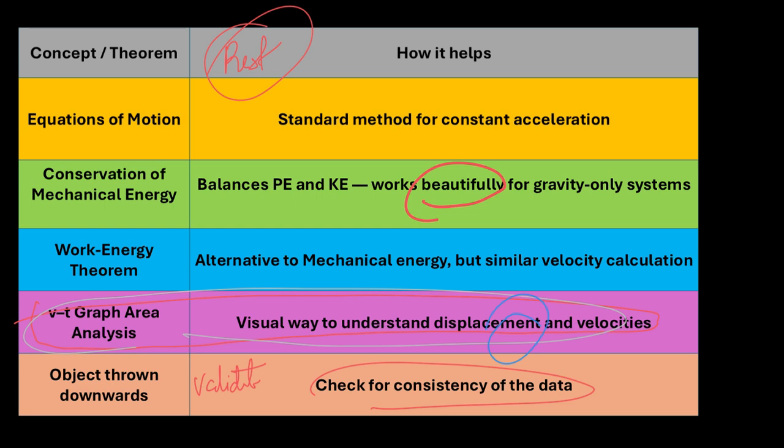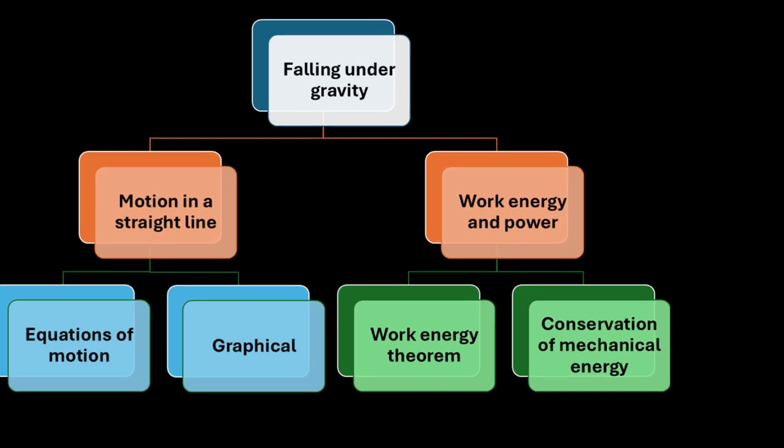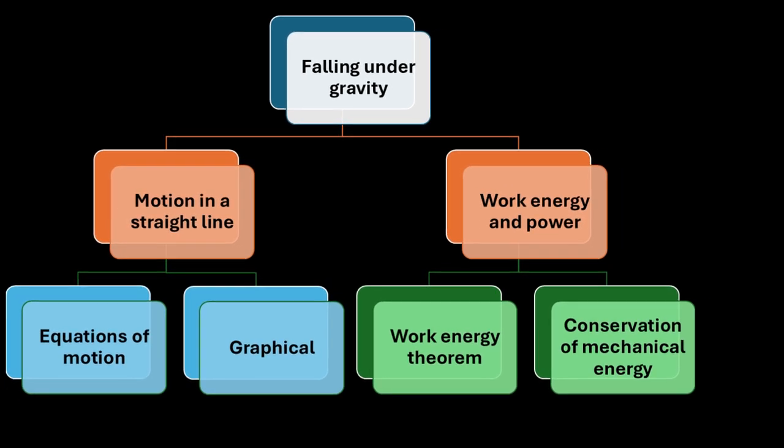Yes. Now I do understand that you have lots to write. So maybe you can make use of this flowchart. A body falling under gravity can be approached in 2 different types of concepts: motion in a straight line using equations of motion or graphical analysis.